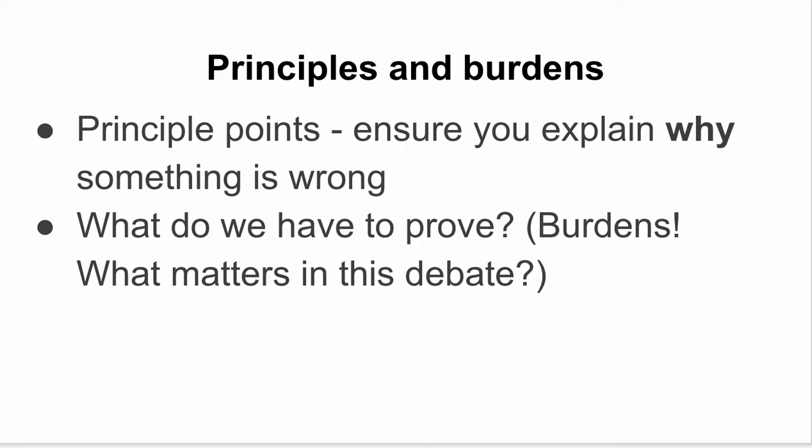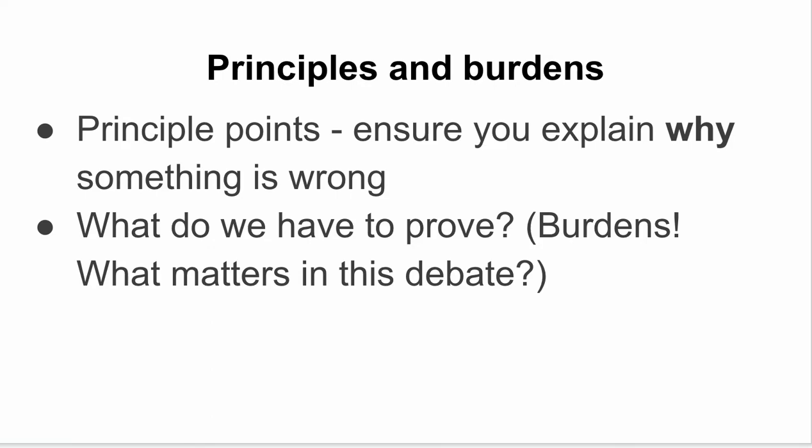It might be that we should hold people who serve public office to a higher level of accountability than others in society. If you're in opposition, you might say this is fundamentally wrong because we want everybody in society to have opportunity to serve in public office. So the principal points, why something is wrong, you've got to really fully explain that. You can't just say this is wrong, you've got to say why.